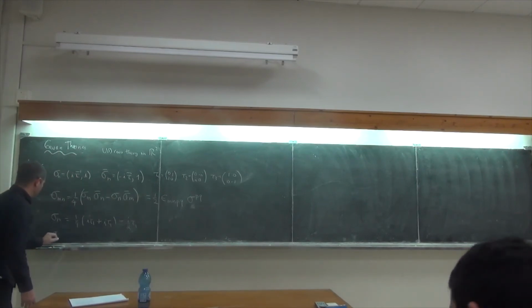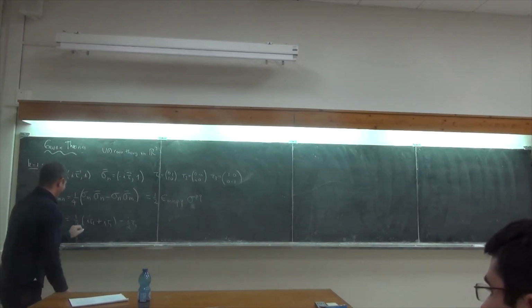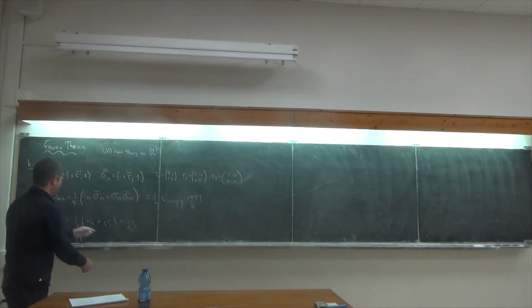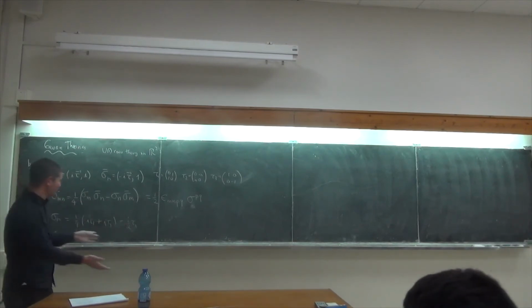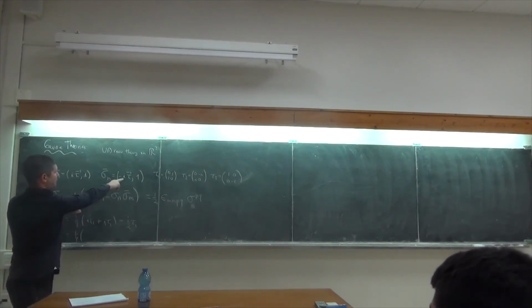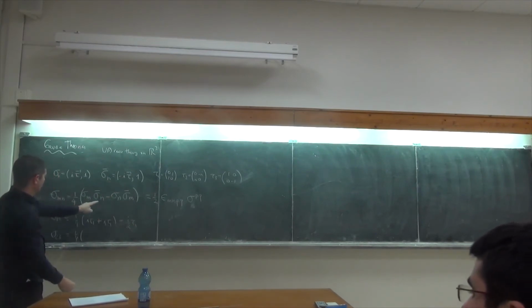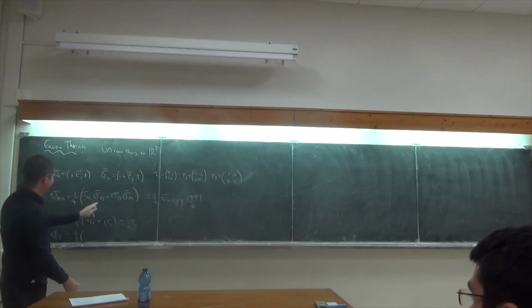What is sigma 2, 3? I'm just doing it explicitly just to show you that I'm saying a triviality. 2 is I times minus I, which is plus 1. It's so trivial.